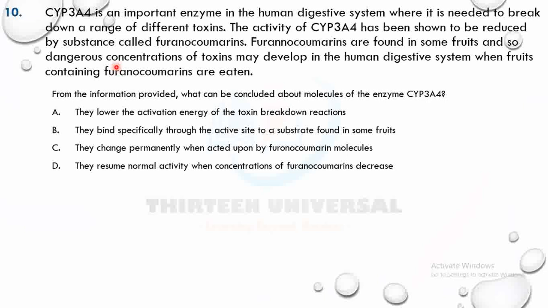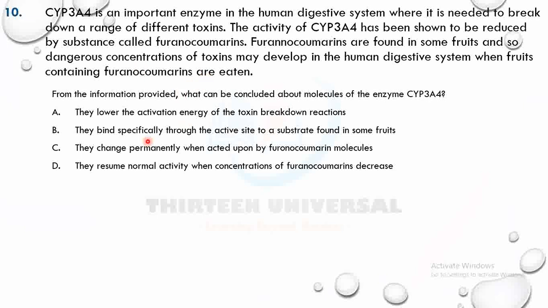Now remember what they said here. It's an important enzyme in the human digestive system where it is needed to break down toxins. And then, of course, look at what they said here: that furanocoumarins are found in some fruits, and so dangerous concentrations may develop in the human digestive system when the food is eaten.